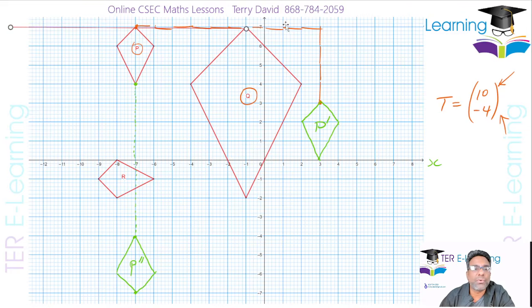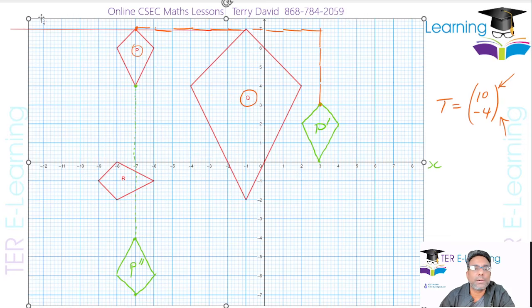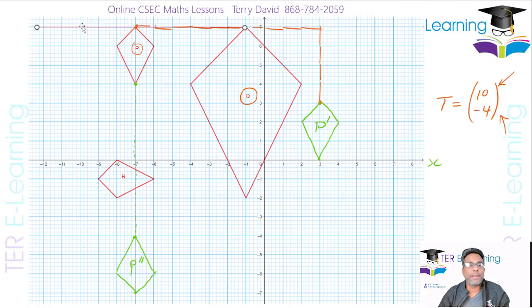All right, so I have a line here. Now I'm drawing a line from this point here and I'm going to pass it through the corresponding vertex on P. Then I'm going to use a second line, and we could probably use maybe this point.